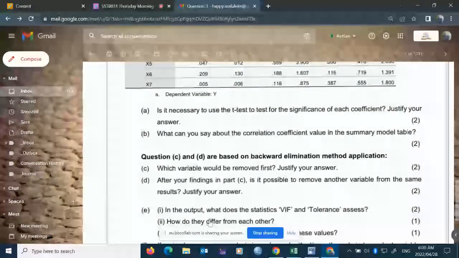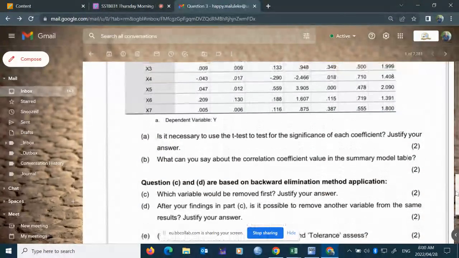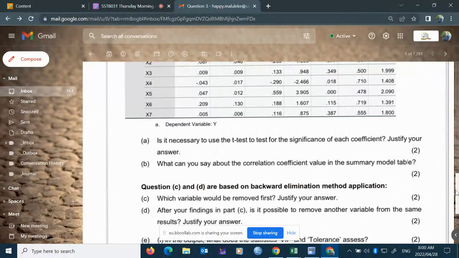Because this question is repeating itself. Yes. Why? Sir, under the backward elimination method, we repeat the process until all the independent variables that are not significant are removed.